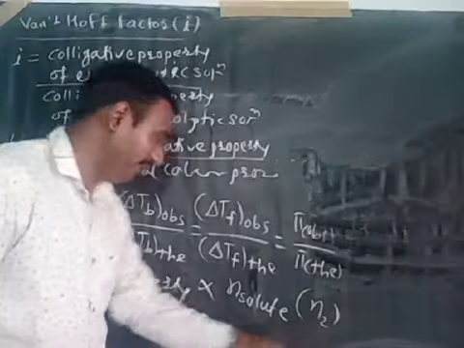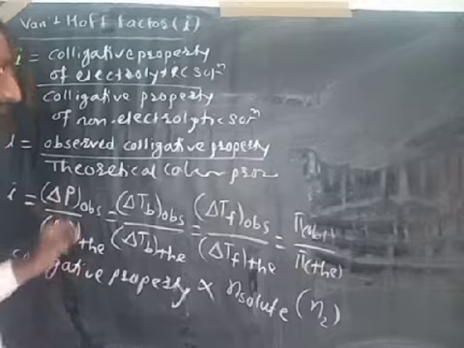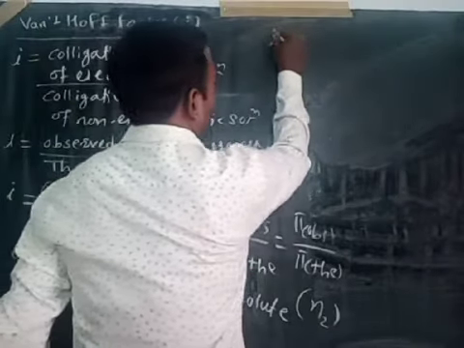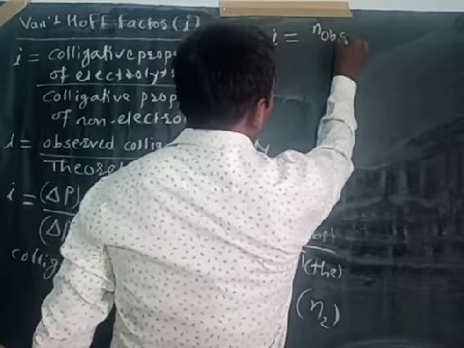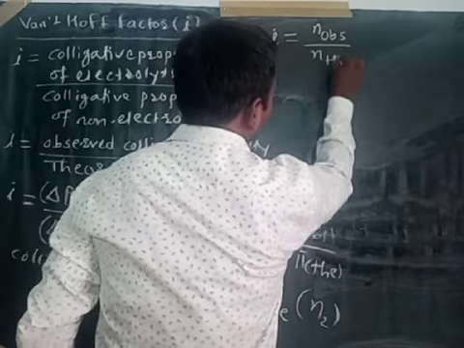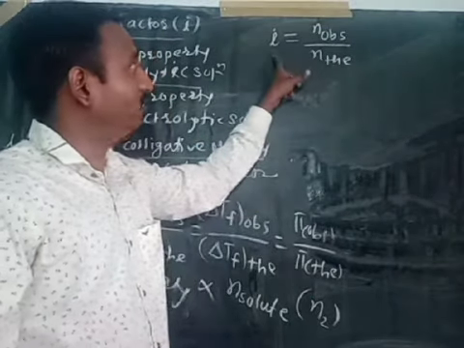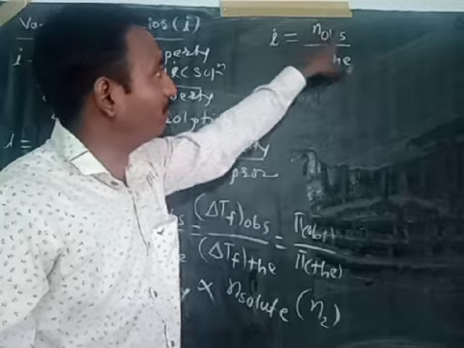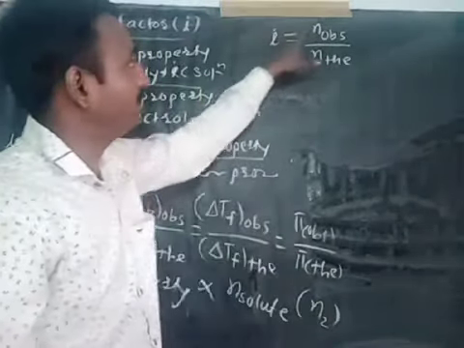If they depend on the number of solute particles, then i can be written as i equal to n observed upon n theoretical. The number of moles can also be taken as observed and theoretical, so i is the ratio of the number of observed moles to the number of theoretical moles.